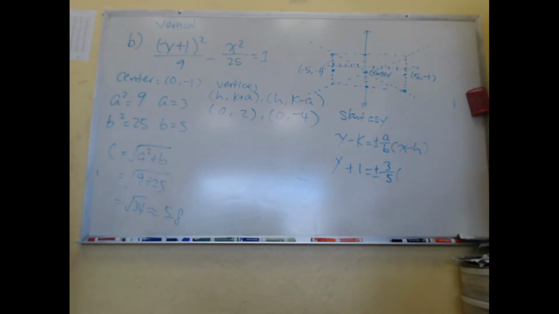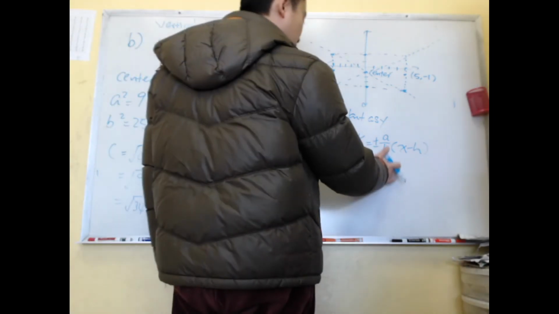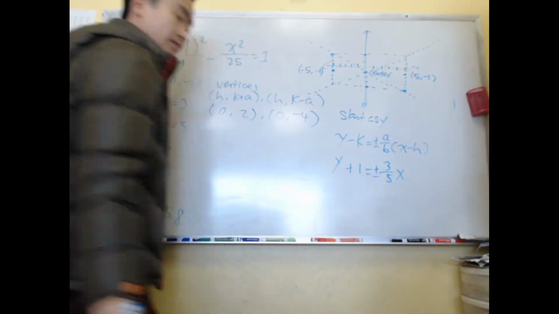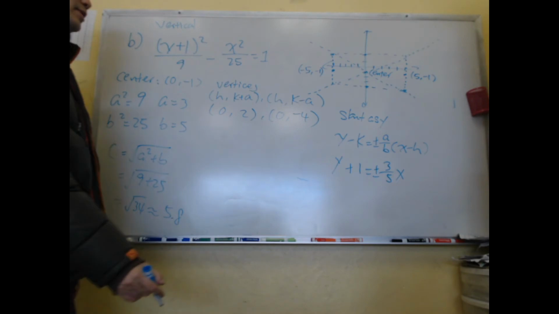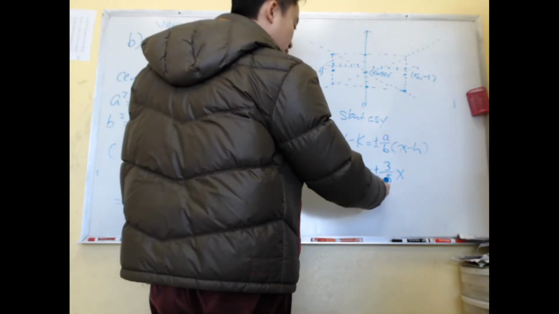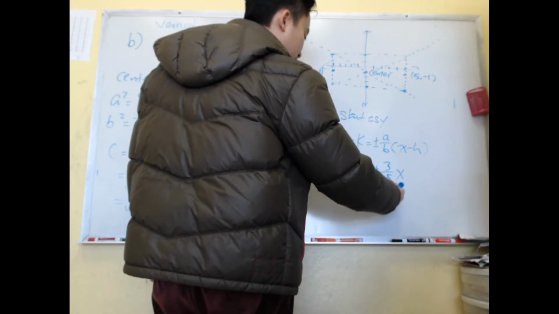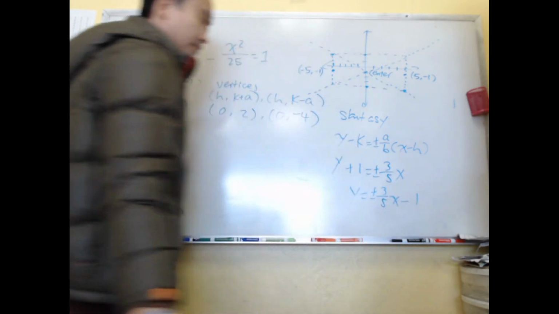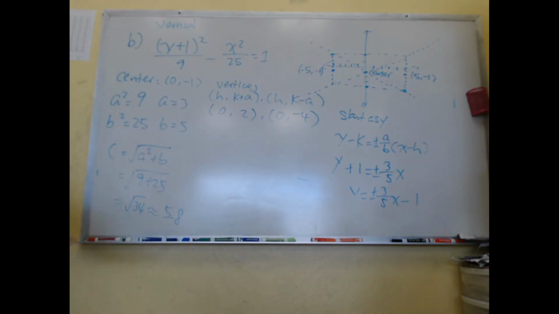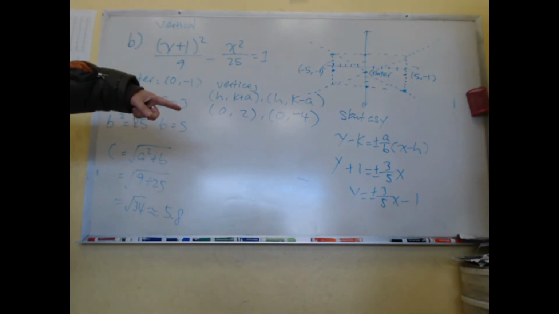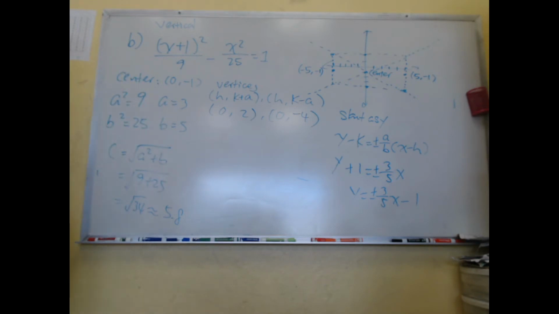What's h? 0, right? You guys see that? And then solve for y in terms of x. So y equals plus minus 3/5 x minus 1. You just check that. Would that be the slant asymptote? Yes, right? Check that.